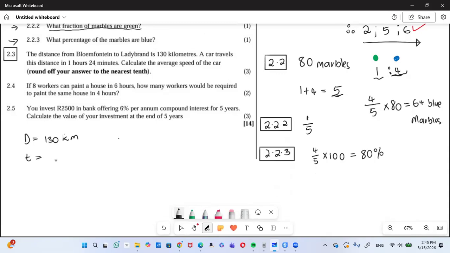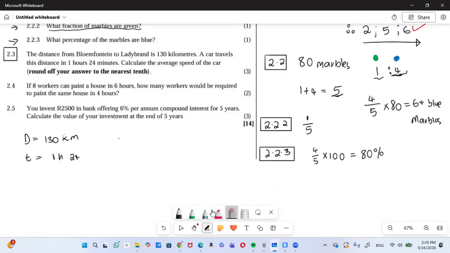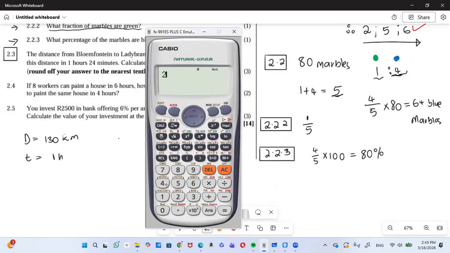But remember, we don't work with minutes; everything should be in hours. So how do we convert those minutes into hours? I'm simply going to have 24 over 60. Let's see how many hours that is: 24 over 60.